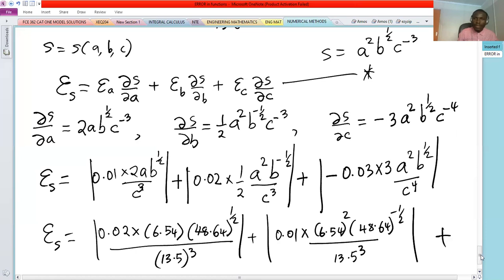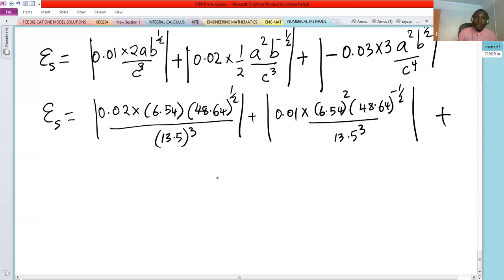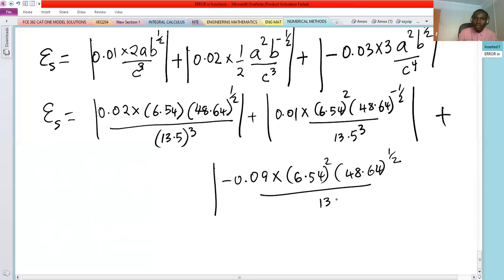And then plus the absolute value of, so this will be negative 0.09 times A, which is 6.54 power 2, B, which is 48.64 power a half, and then over C, which is 13.5 raised power 4.